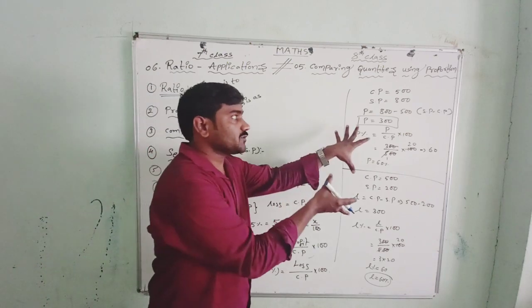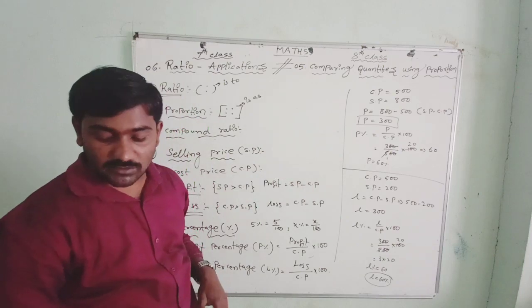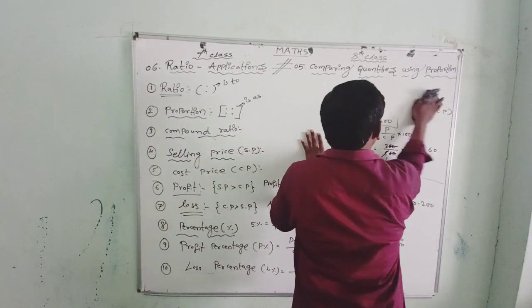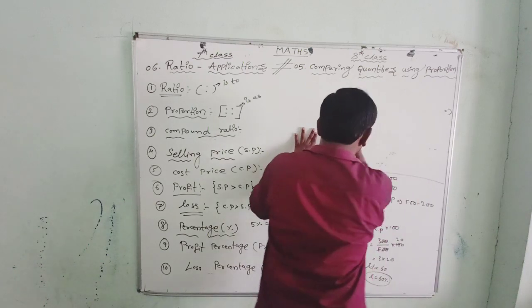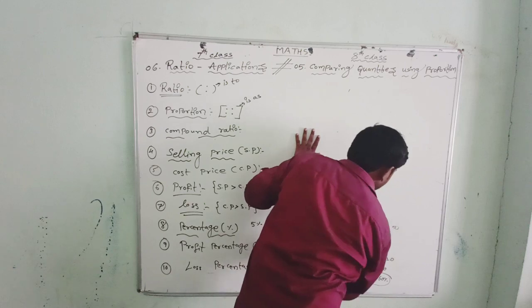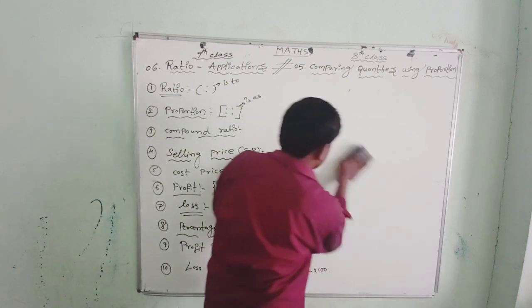See how to find out the loss percentage and the profit percentage. I have given examples. We will learn more about it in the chapters. When you are learning in the chapters, you will understand how to calculate again. So formulas are very important to learn all these things.